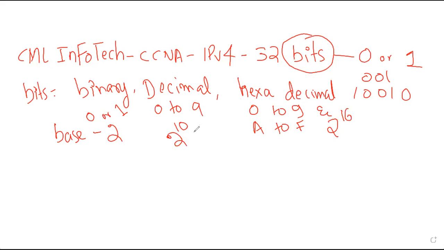So we'll start learning from binary. When we're writing binary, we will always start from 0. Then it comes to 1, 2, 3, 4, 5, 6, 7.